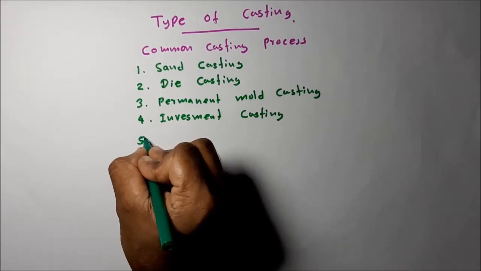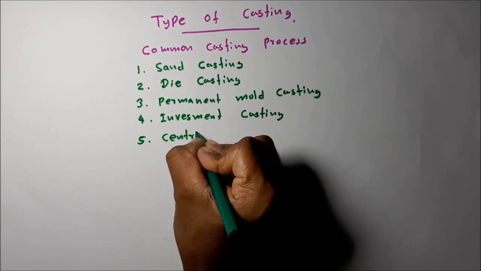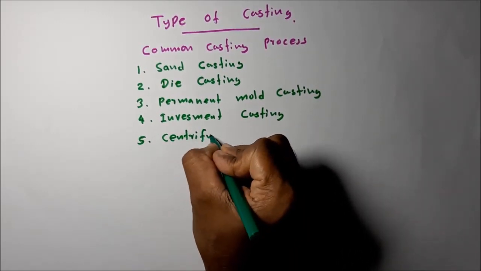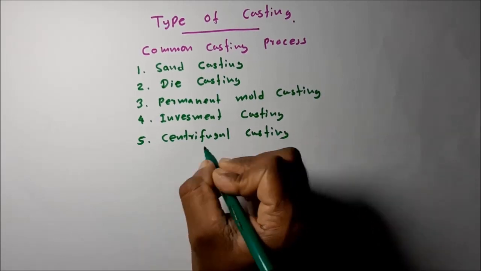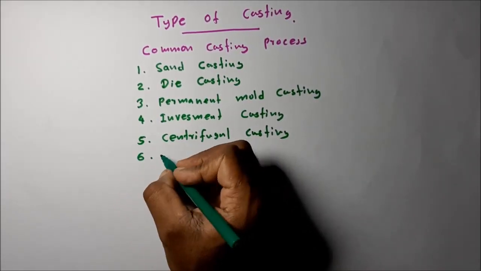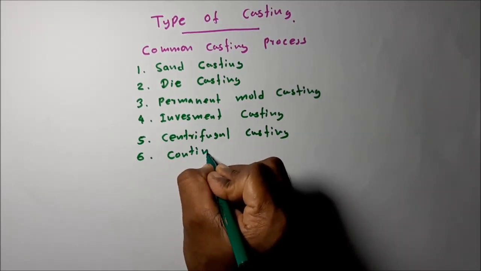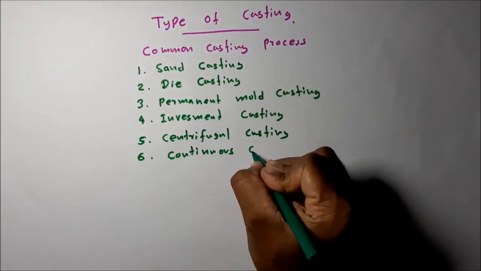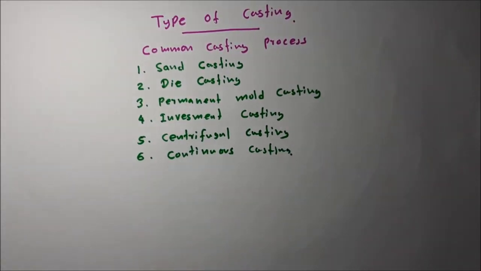Fifth, centrifugal casting. The last, continuous casting. These are the six casting processes we are going to discuss.